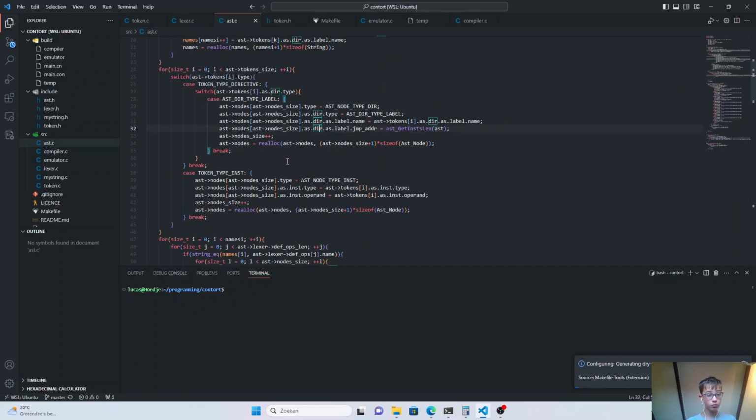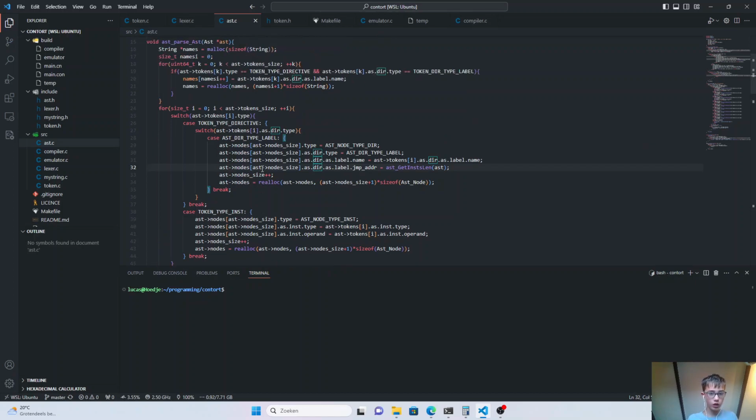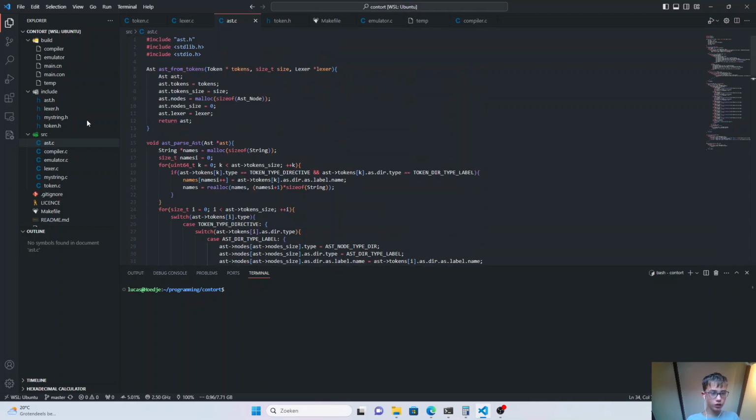So now it's using much less room, and there was also a bug where I multiplied by 2. That was taking up way too much space. It was almost a kilobyte per 10 instructions. So of course I added one and then reallocated it and multiplied by the size of the node.